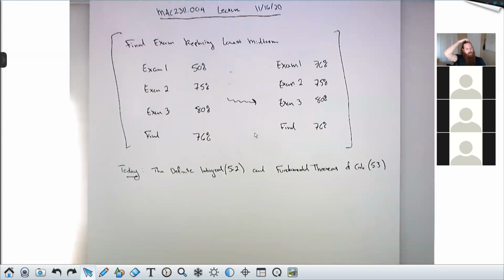Section 5.2 is largely about notation, but there are also some rules that come along with that notation, and you need to remember all of that stuff. So let's get started.